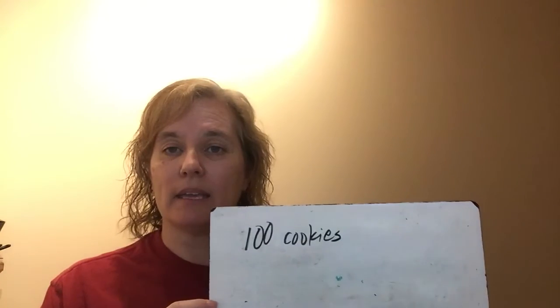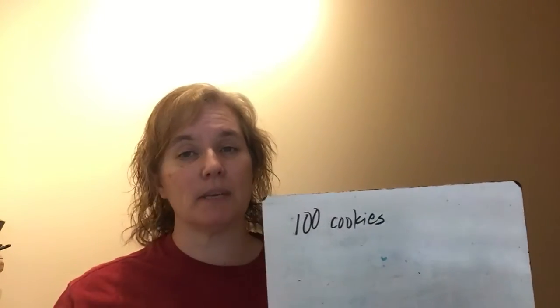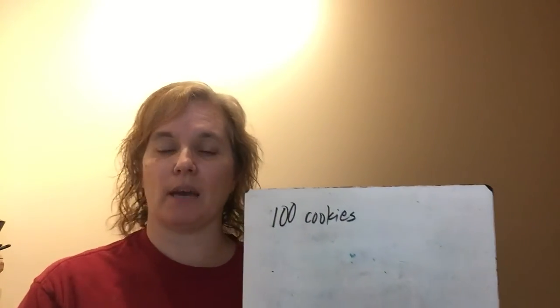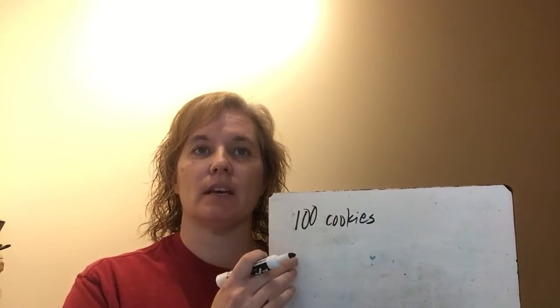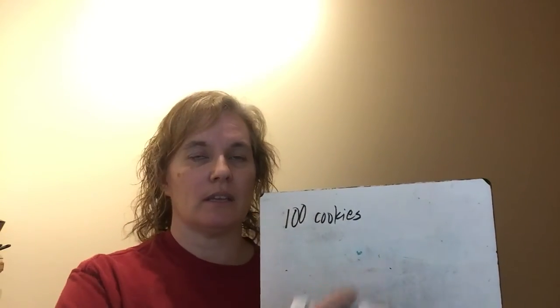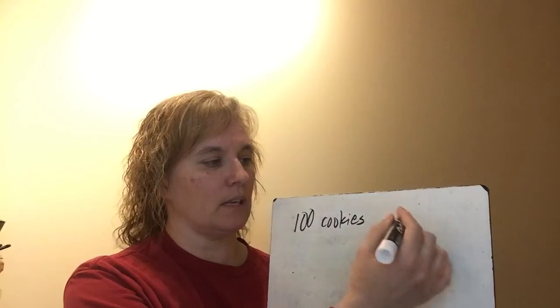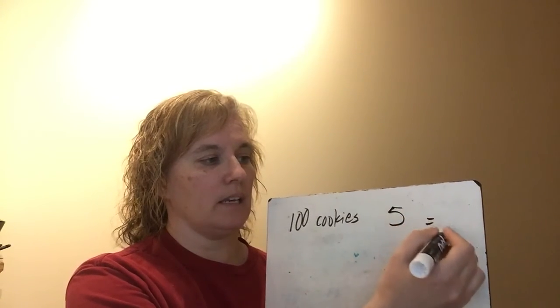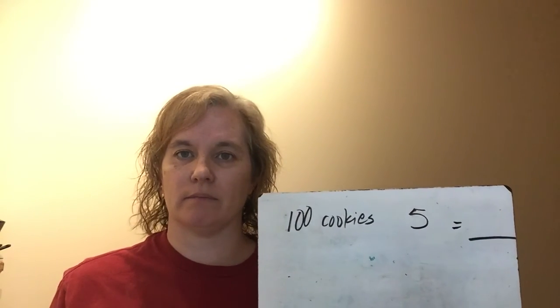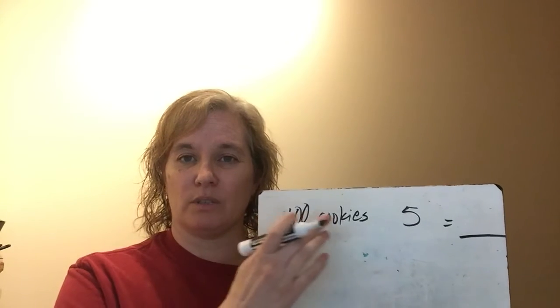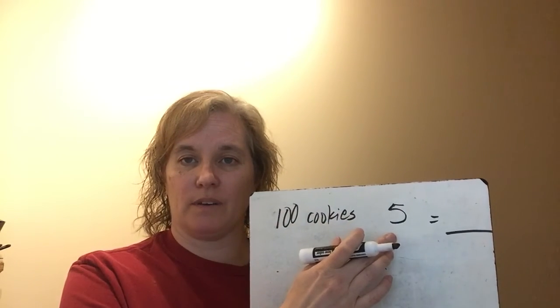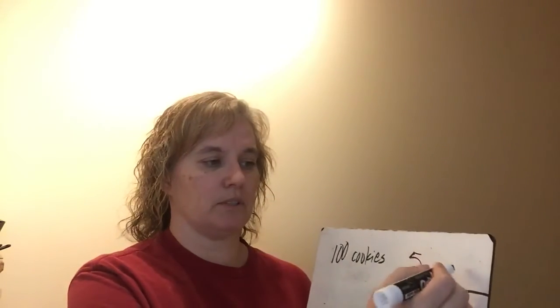And they made 5 times as many cookies as brownies. How many brownies did they make? So I say to myself, I got my cookies. The times is what comes in the middle. And I said 5. And then I need as much as. So I'm just going to say 100 divided by 5 equals, and of course that would be 20. So 20 brownies.